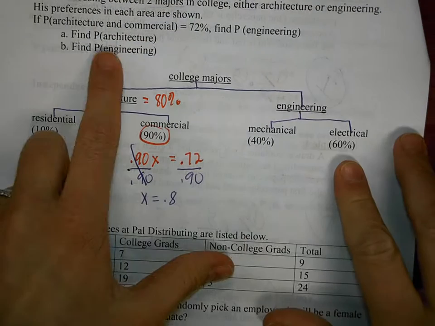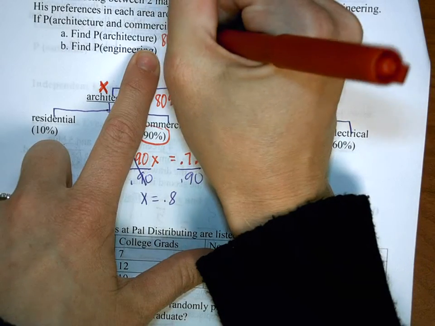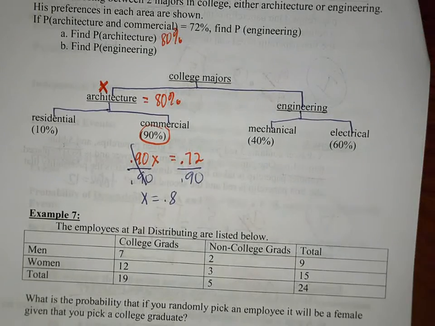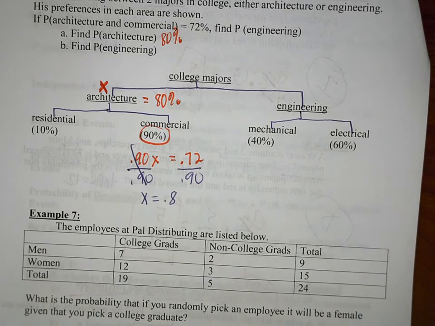So on A, it says find the probability of architecture. So there's an 80% chance that he's going to choose architecture. Now, we learned through this whole unit that both of them have to equal 1, right? He has two choices. He has to choose architecture or engineering.